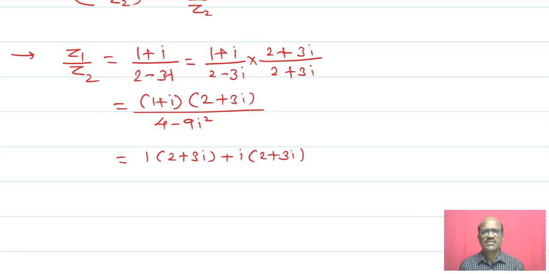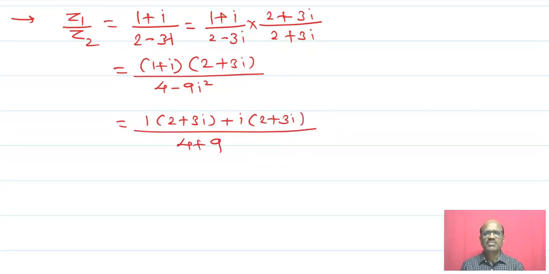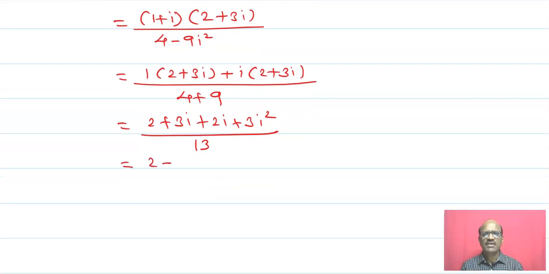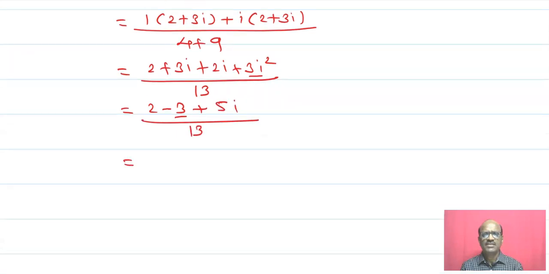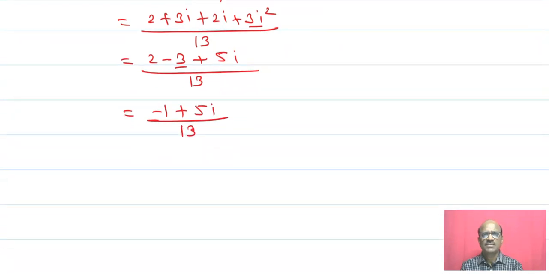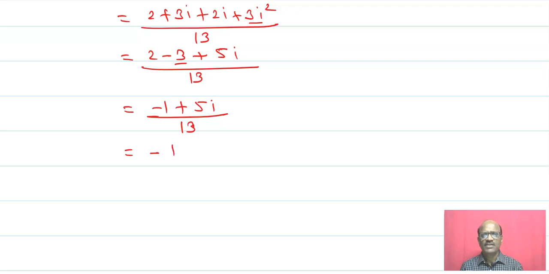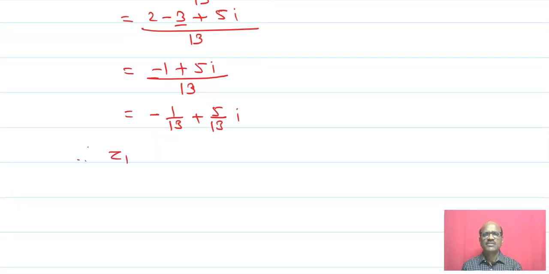Normal multiplication and simplification: 2 plus 3i plus 2i plus 3i square, the value of i square is minus 1, that is 2 minus 3 plus 5i upon 13, that is minus 1 upon 13 plus 5i upon 13.